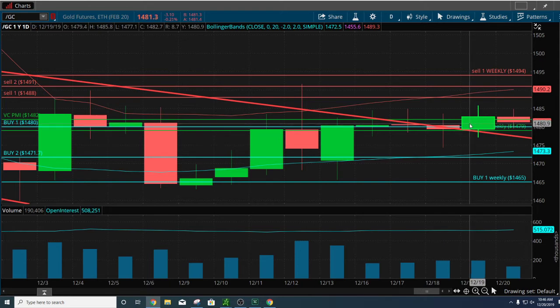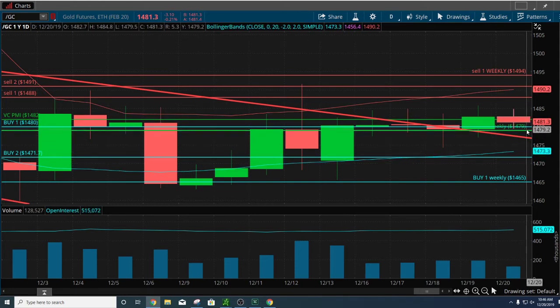Where do we go from here? With a current price trading at 1481 and a half approximately, the market is trading above the weekly mean of 1479 and approximately trading around the daily mean of 1480.